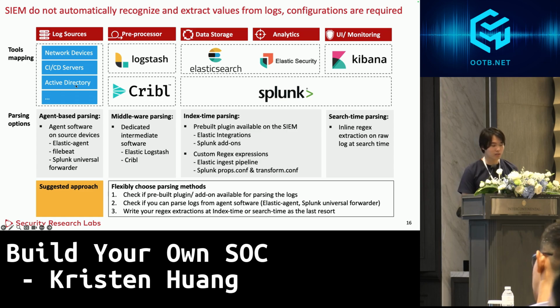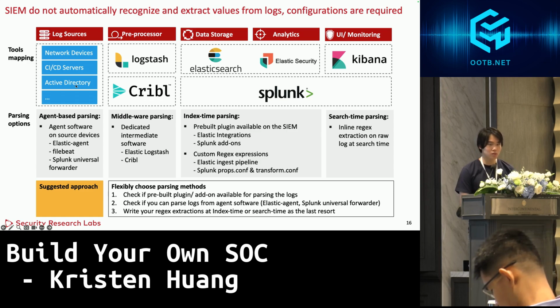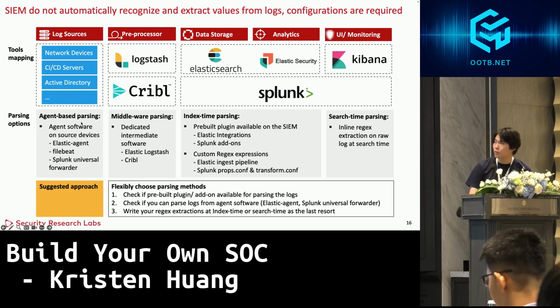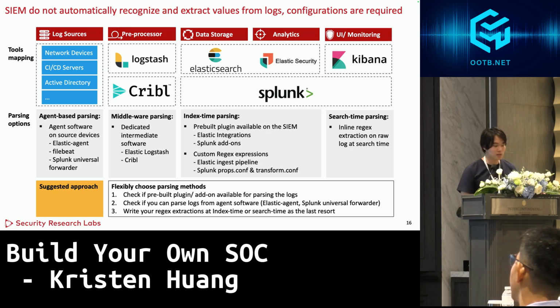The Elastic Agent will do all the nice work for you to check the Windows event logs and transform them into a proper format before sending them into Elasticsearch. So you can also distribute the parsing computation to those agents and save CPU resources on your central SIEM.